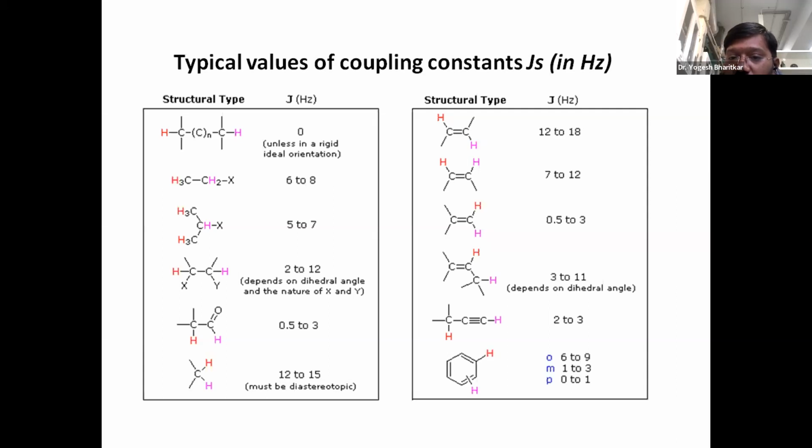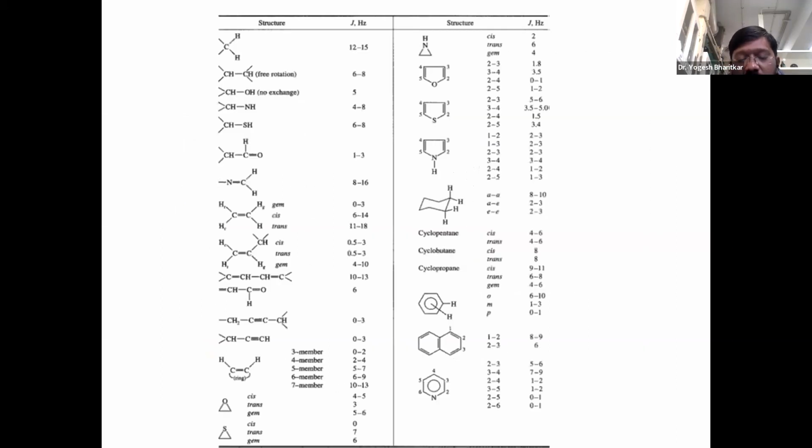We also have to remember the solvent peaks and the chemical shift values of the aromatic and aliphatic regions. We also have to know multiplets like doublet, double doublet, and triplet, and how to calculate the coupling constant from them. This is only some of the list of coupling constants, and I will not read out each one.